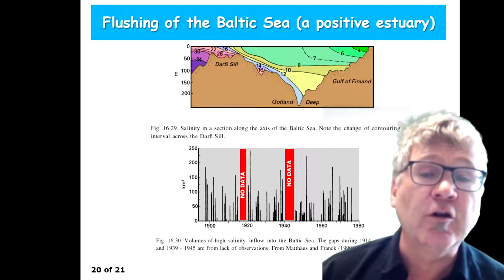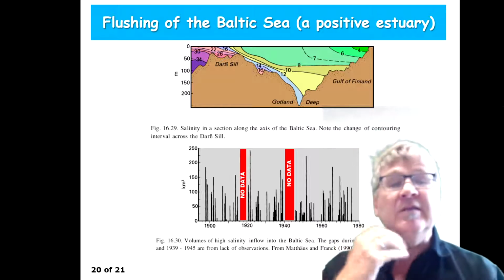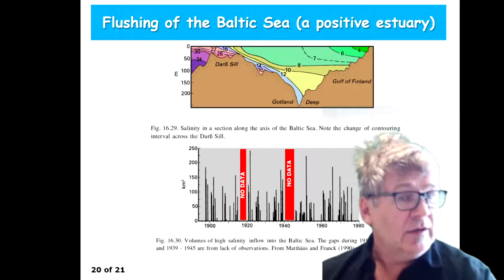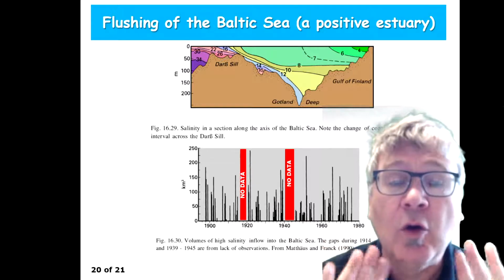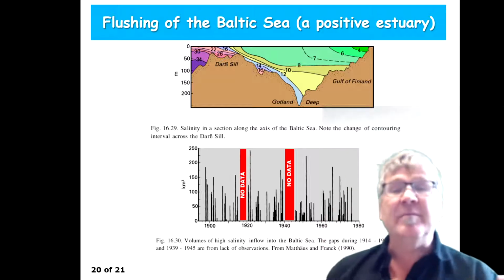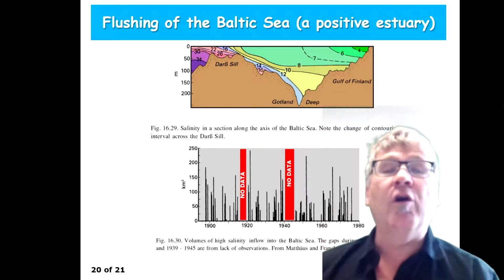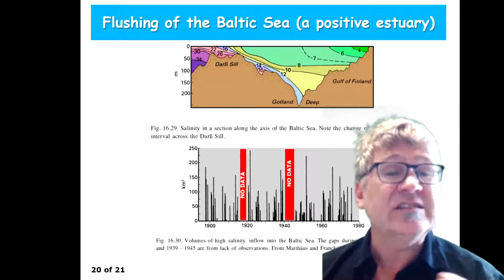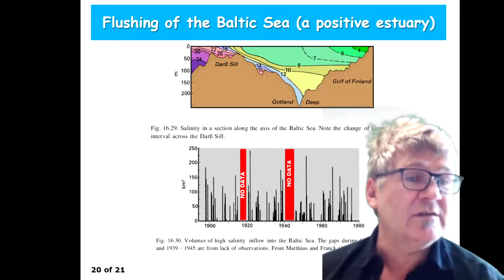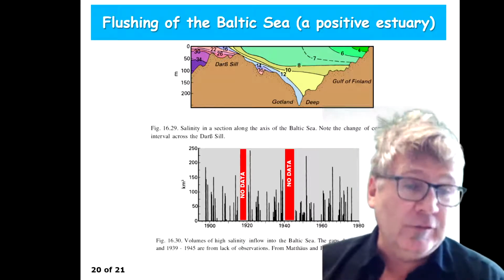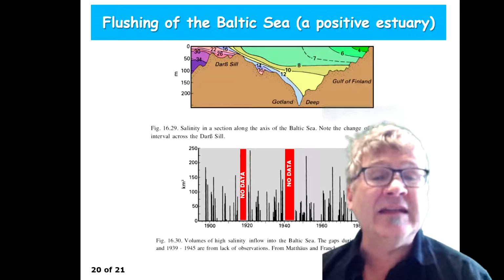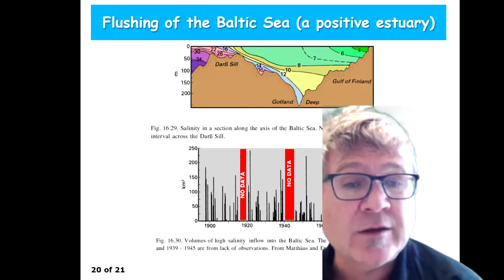So now if you study these so-called positive estuaries, and you'll learn all about estuaries in the second part of the course, the dynamics show that the inflow of saline water does not happen regularly. Essentially how this system works is if you have a strong outflow of fresh water near the surface, that triggers an enhanced inflow of saline water.